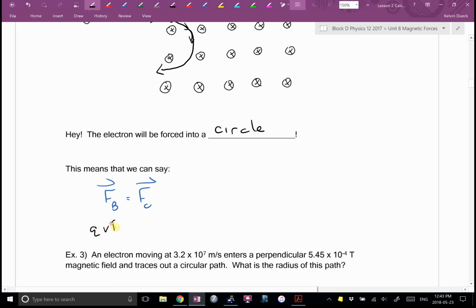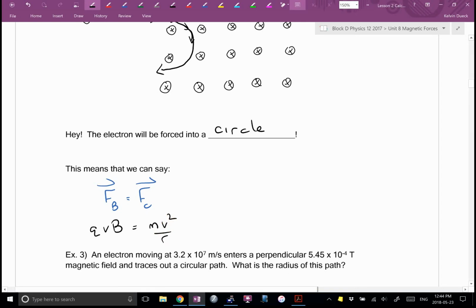Q, V, B. And then circular force is always, don't write this down, just look up, m a c, except which version of a do you think I'm going to use here? It is obvious if you think about it. The one with the V in it, of course, because there's a V on the left-hand side, yes? So why wouldn't I use the V squared over R?